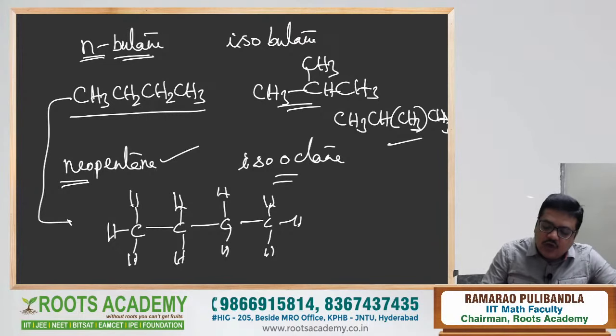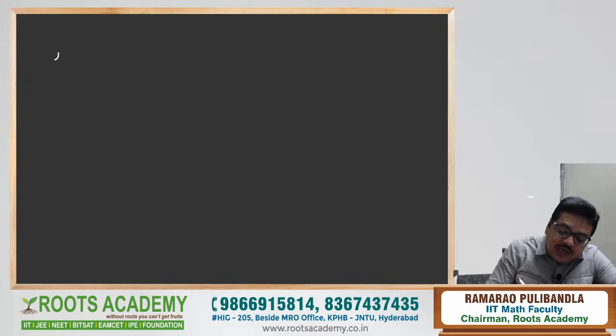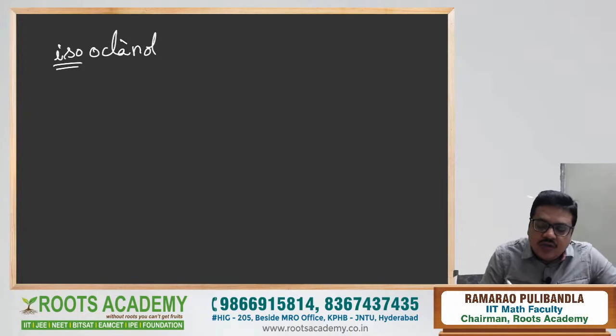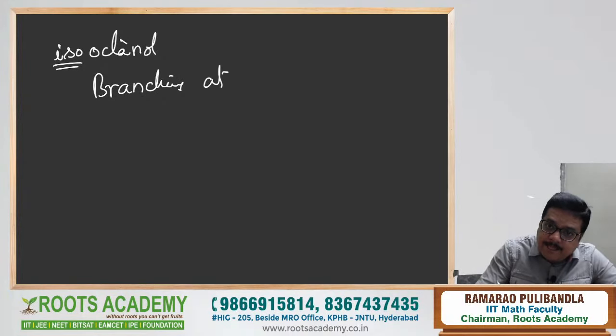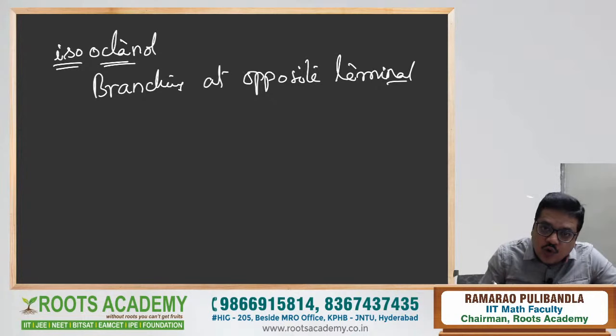Now I want to say neo and iso. What is the meaning of iso? Take octanol. The meaning of iso is branching at the extreme, branching at the opposite terminal, as in isooctanol.